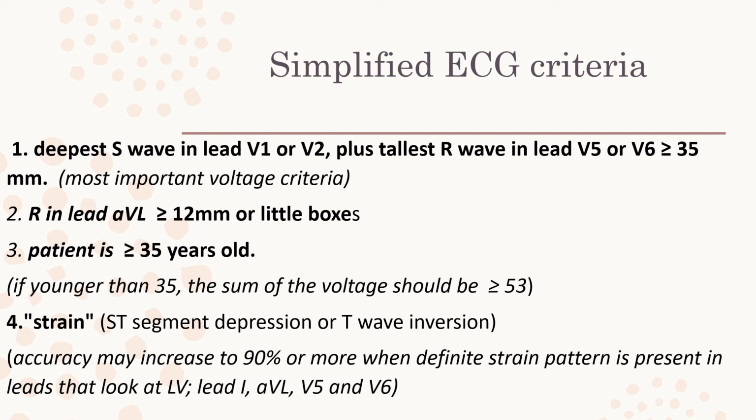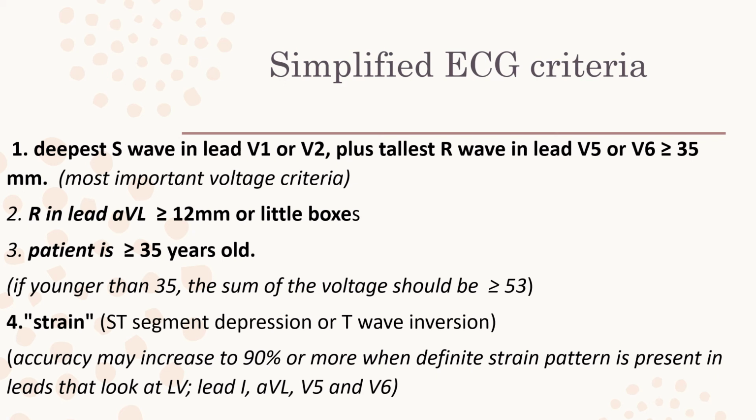Now, that criteria for being greater than 35 millimeters is good for people that are over the age of 35, okay? If they are younger than 35, then we have to go with a higher voltage of 53 millimeters. Why is this? Because younger people tend to be more athletic and they have more muscle mass than older people.